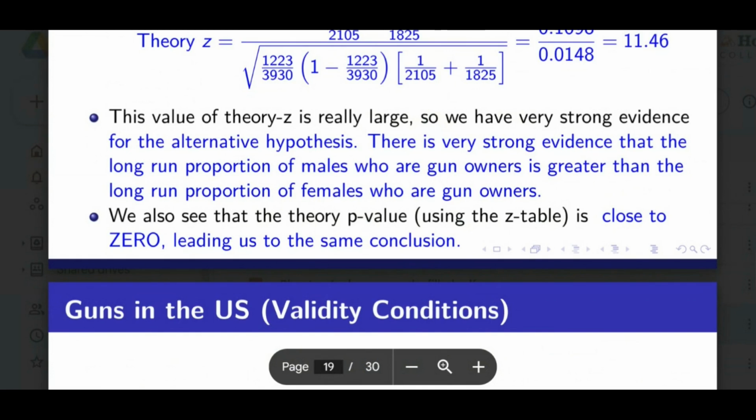It's really, really close to 0, and this leads us to very strong evidence against the null. And you would say that there's strong evidence to say that men own guns at a higher rate than women do, which I guess is not a surprising result. I purposely picked a very glaring difference because it's easier to teach when there's a very obvious difference like that.